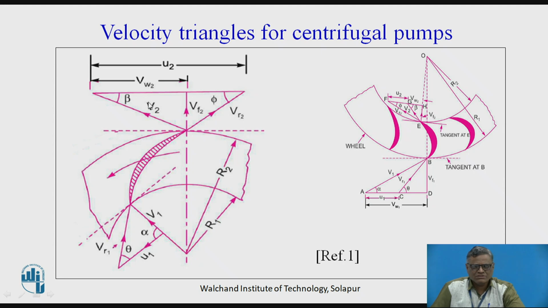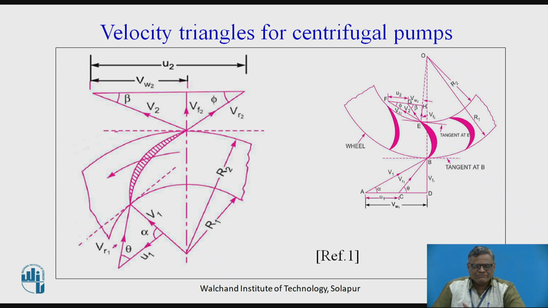The two components of v2 are the flow component, radial, and the whirl component, tangential, vw2. The angle made by v2, the absolute velocity, is beta, and the angle made by the relative velocity with the tangential component is phi. So what we should do is first draw the generalized diagram, or velocity triangles, for rotodynamic machines.